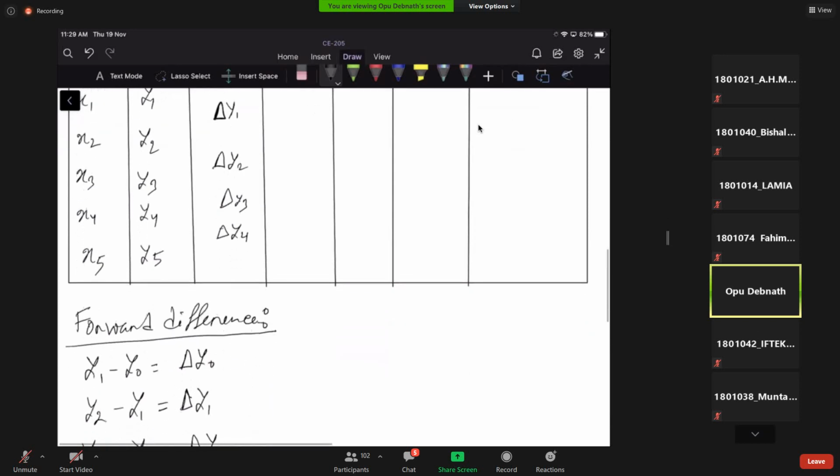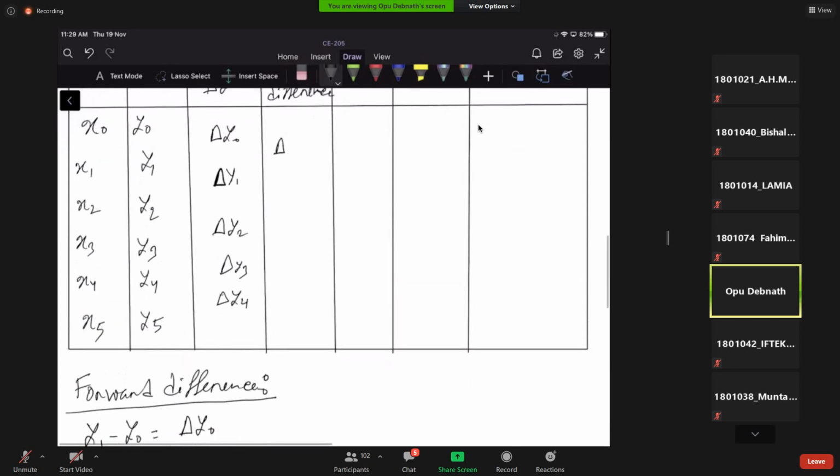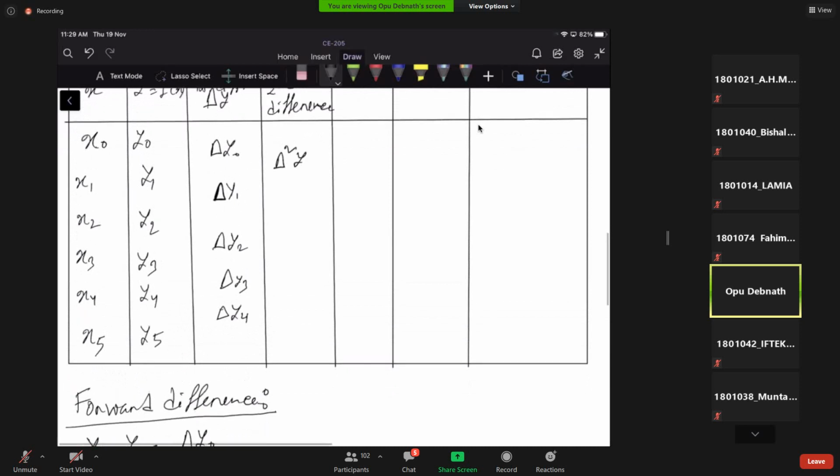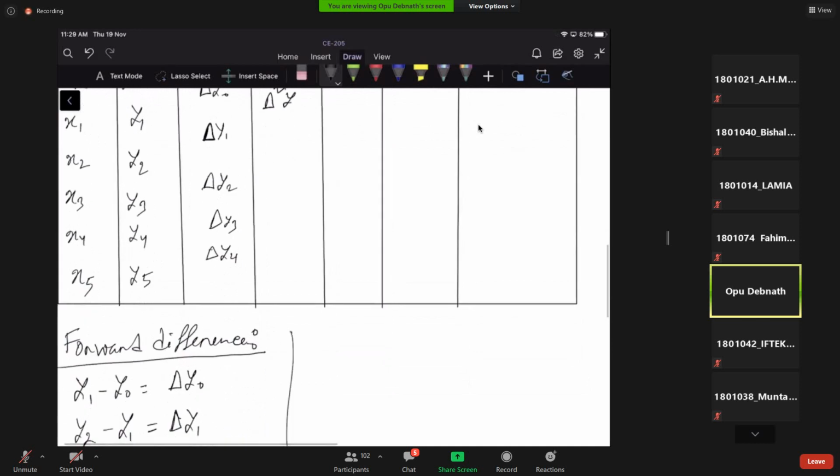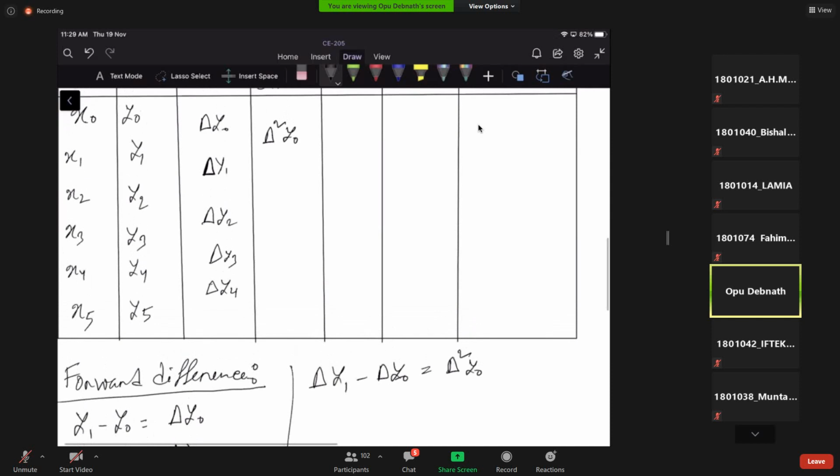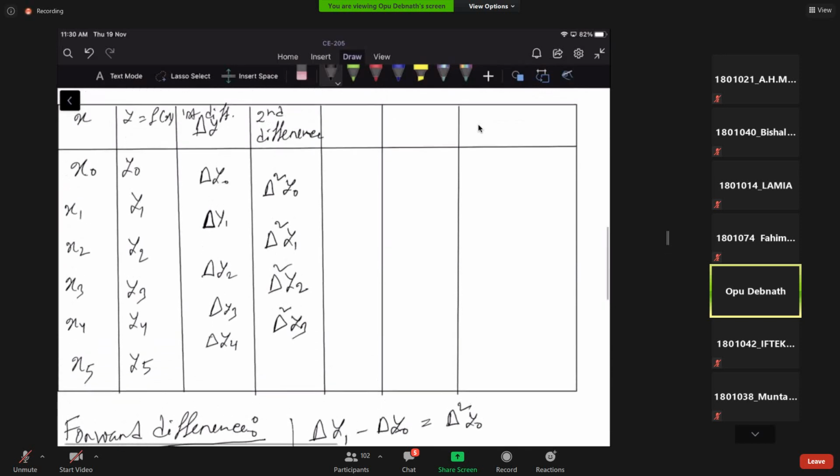The second difference we denote as del square y. If we subtract del y0 from del y1, the second difference will be simply del y1 minus del y0. So this will be del square y0, the second difference. Similarly, del square y1, del square y2, and del square y3. What will be the third difference?